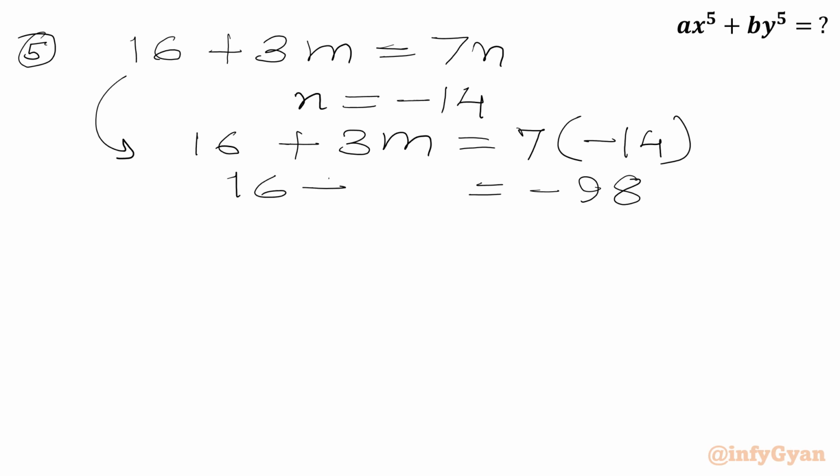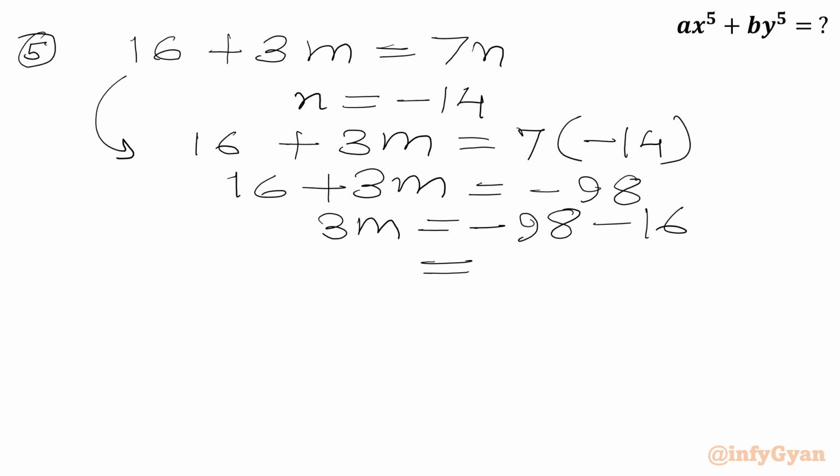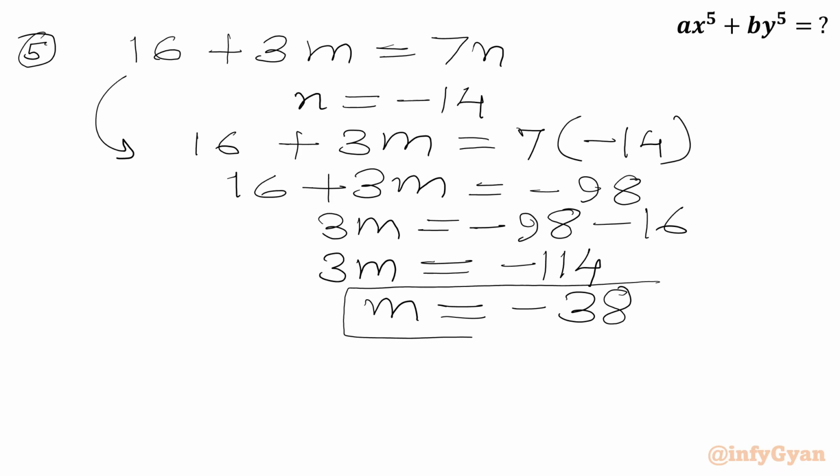So 3m will be equal to minus 98 minus 16, which is minus 114. Now we will divide both sides by 3 and we will get m value minus 38. So m is minus 38, n is minus 14.